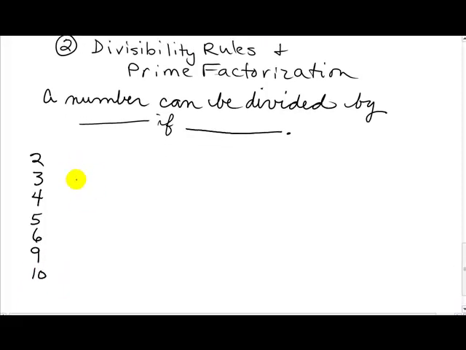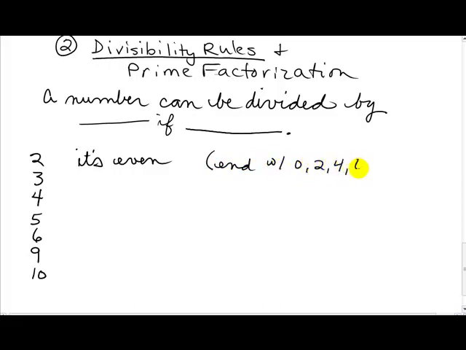And these are the divisibility rules. A number can be divided by 2 if it is even. And remember, even numbers end with 0, 2, 4, 6, or 8.